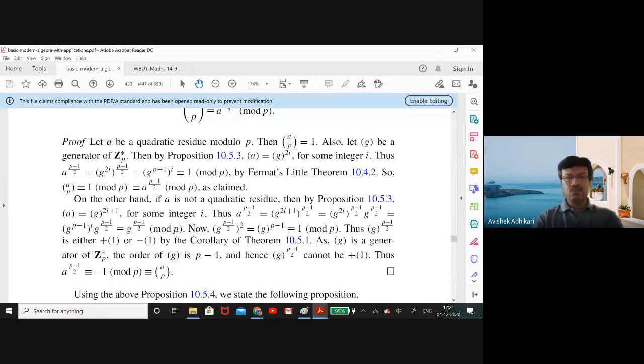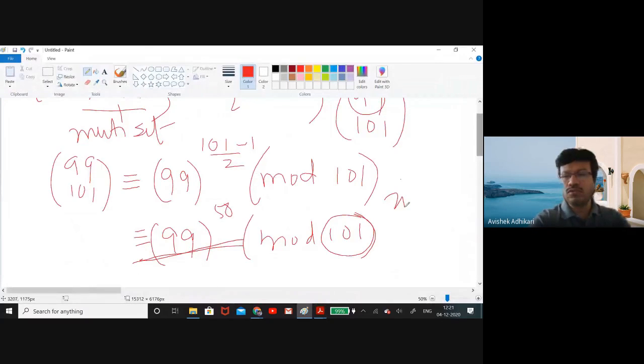Now what I need to show is that this value should be minus 1 modulo P, right? So I need to somehow show that this value is minus 1 modulo P. Now if I square this value, it becomes 1 by Fermat's little theorem. That means this square root value will be either plus 1 or minus 1. We have shown that x squared congruent to 1 modulo P has exactly two solutions, either 1 or minus 1.